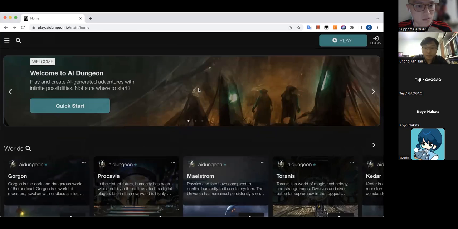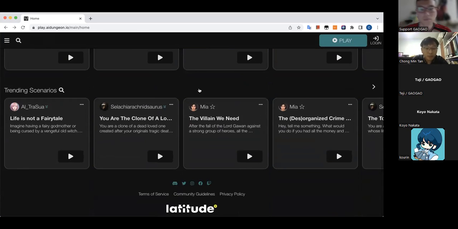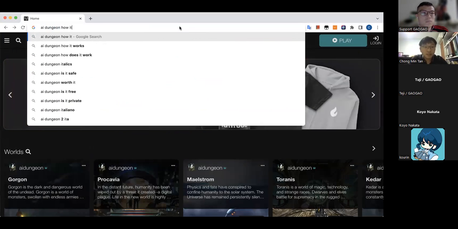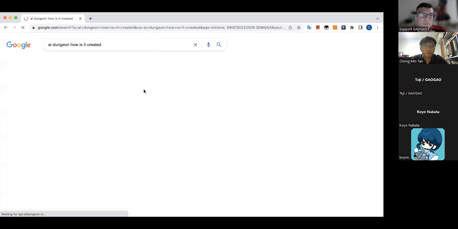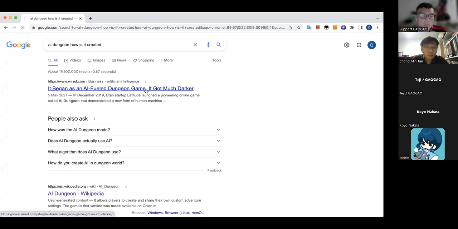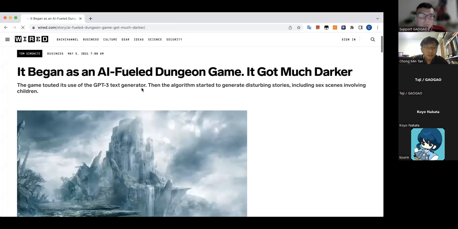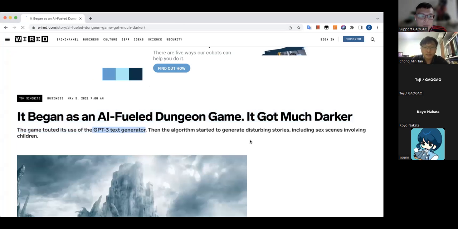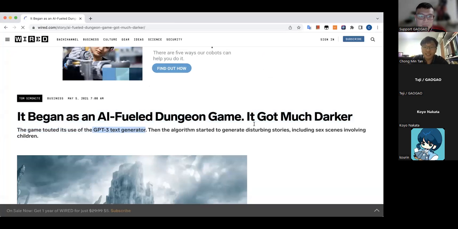I remember I read it before, but I can't really remember. I do know it's based on a transformer model. GPT-3 text generator. Yeah.